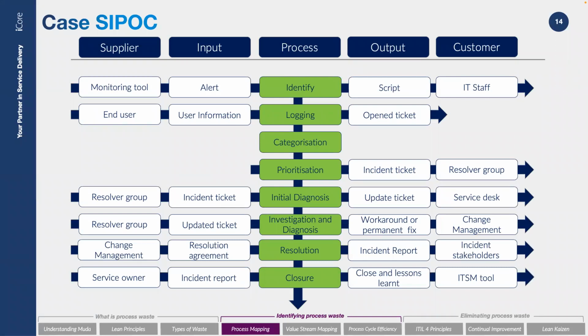You might see here, especially with categorization and prioritization, well, categorization has got no inputs, outputs, customers, suppliers at this point. That might not be true for your organization. Maybe you've got very fluid categorization tables in a very agile environment, and then you might need to get an input of something from someone.